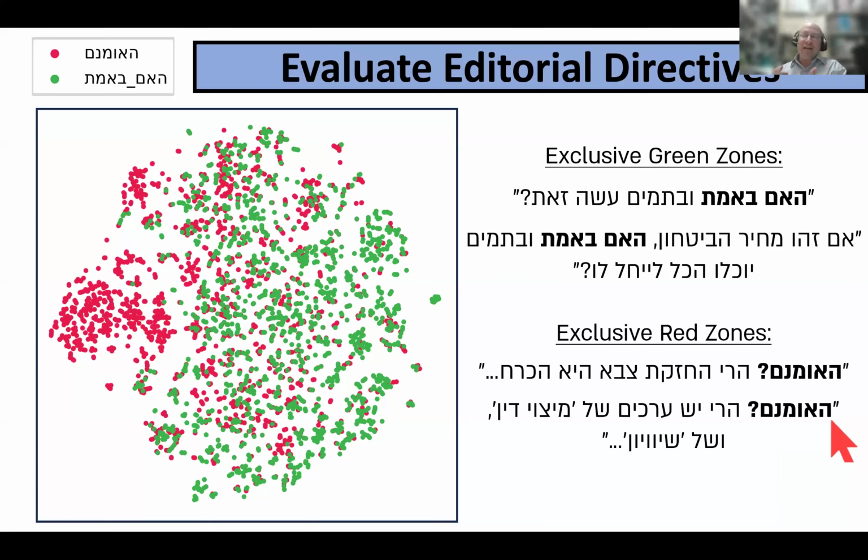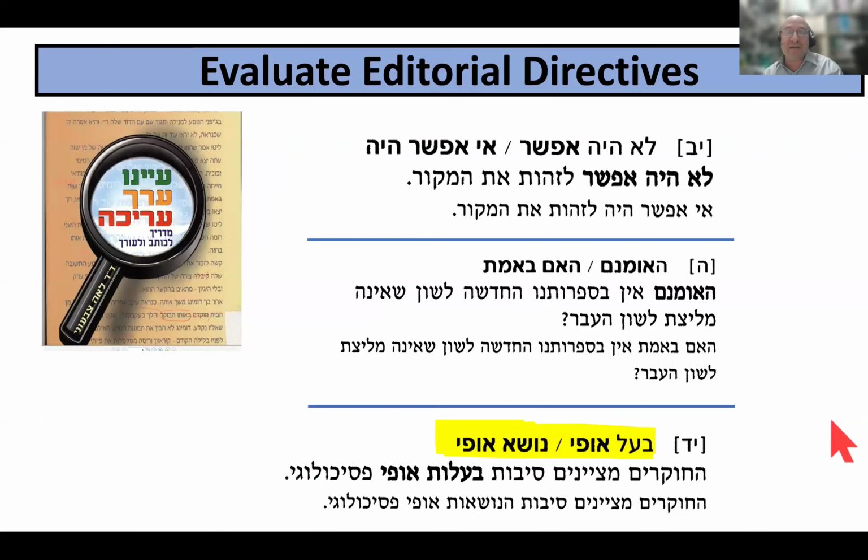If people want a single-unit sentence that just asks, is that really true? Then they'll go to "ha'omnam." And "ha'im be'emet" is something that would be used to start a sentence in the middle of a sentence, but in practical usage, it's not used as a sentence in and of itself. So another insight into the language from BERT, and another annotation that we could add to our thesaurus companion.